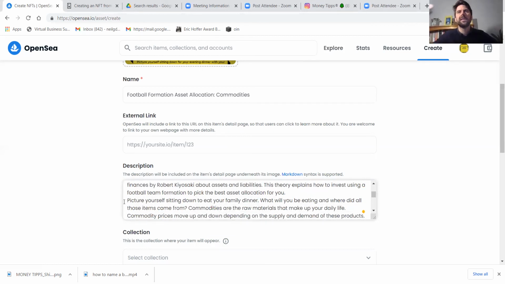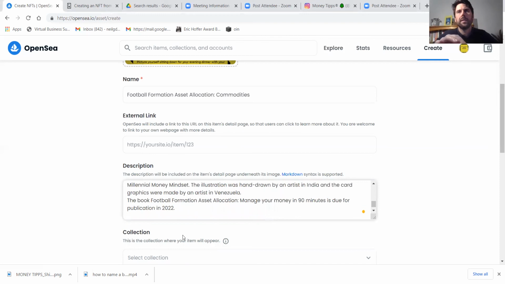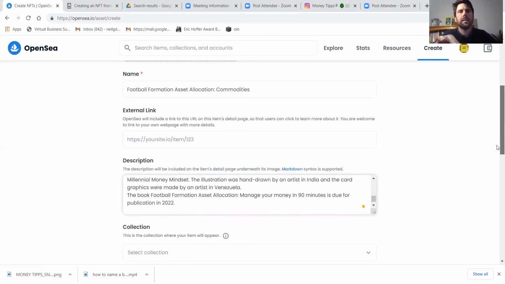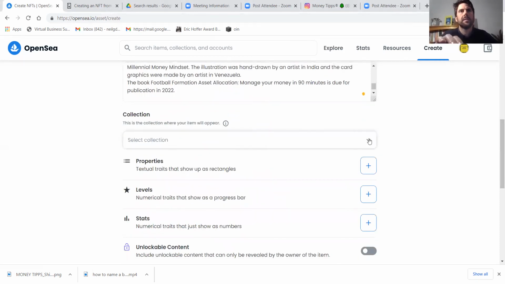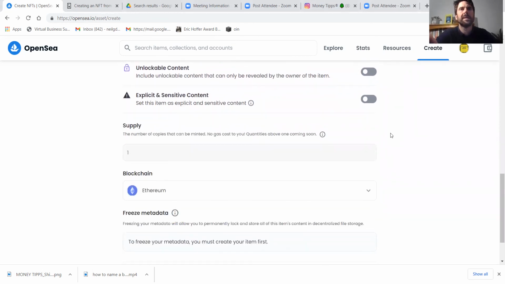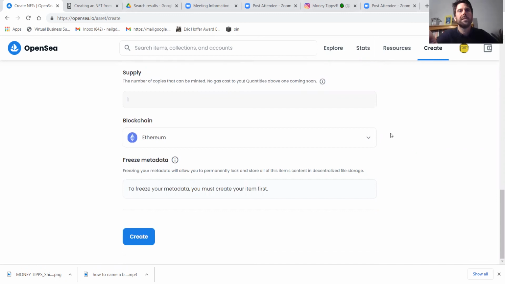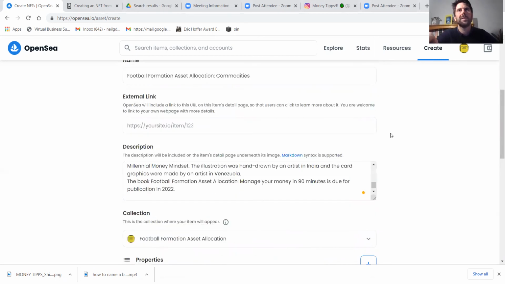Live a good life. He lives 90 years old, like 90 minutes on the pitch. Goal money goes into your pocket. Conceded goal money goes out of your pocket. Collection. I don't know these properties, levels, stats, so I've just left them blank. Supply 1. It's going to be on the Ethereum blockchain. You can choose different ones, but I choose Ethereum.